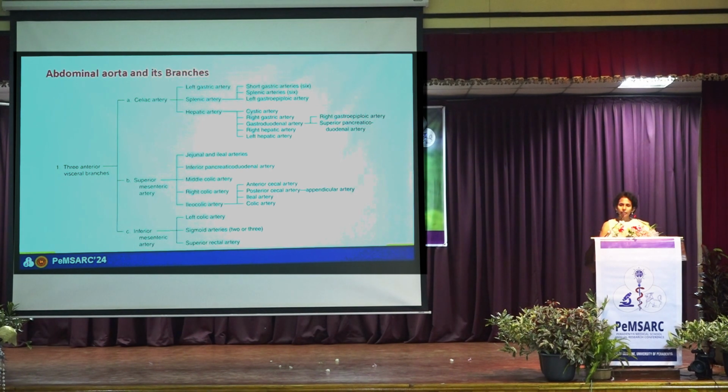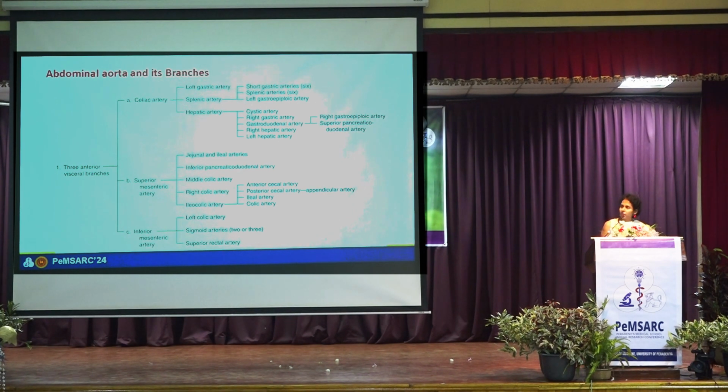So there are three anterior visceral branches. Those are celiac artery, superior mesenteric artery, and the inferior mesenteric artery. All these three arteries give several branches to your intestines. So there are many variations in these arteries, and that is why today we are talking about the normal anatomy and the variations of these branches.